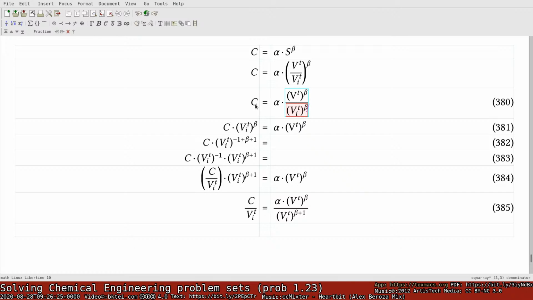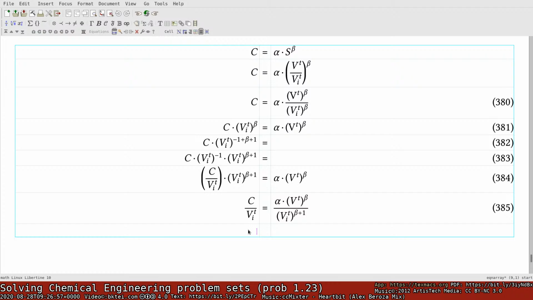And you pull that number over to the left side. That's fine. Alpha times the volume raised to beta. And then in order to get this quantity, which is the same as this quantity, we do this.